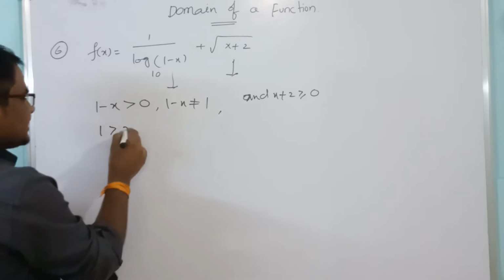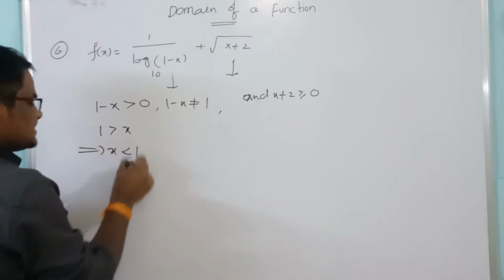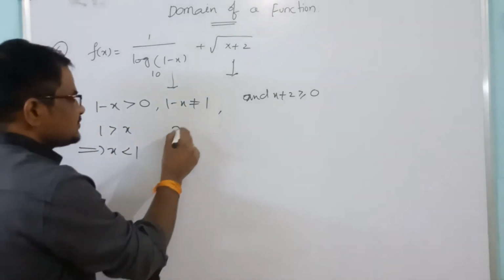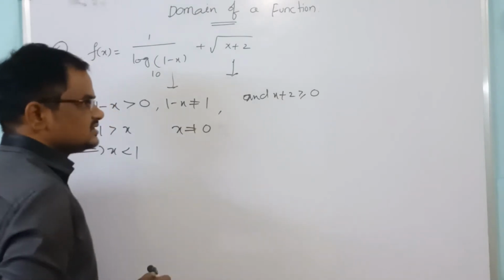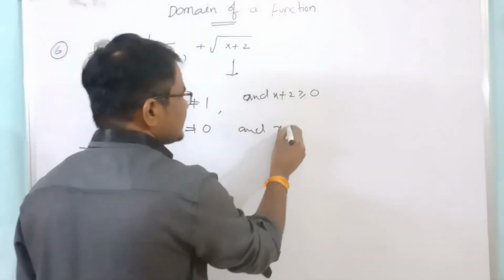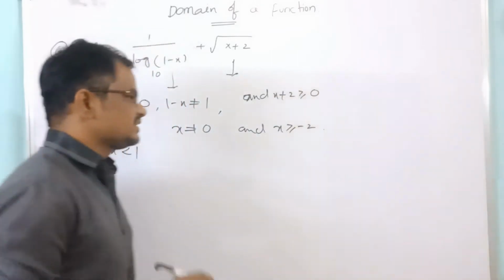Now here 1 greater than x, that implies x is less than 1, and from this one x not equal to 0, and here x is greater than or equal to minus 2.